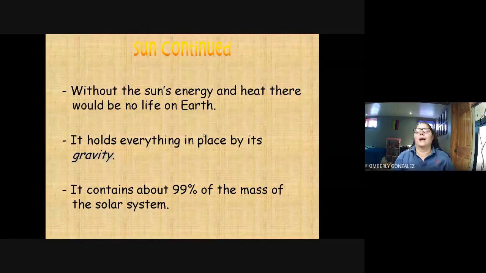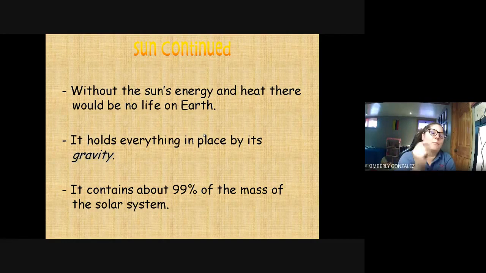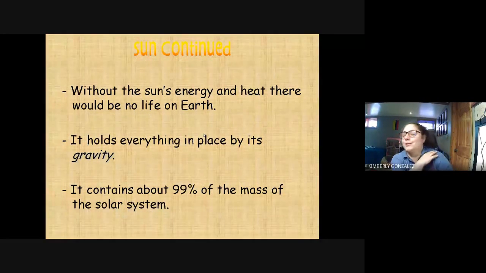That should tell you how large the sun actually is. It's huge. Even though it's considered to be a medium-sized star, I'm going to show you a video later on when we're doing more of the astronomy unit, and it's going to show you how small we are and our sun is in comparison to so many other stars. Actually freaks out a lot of people, which I think is hilarious.